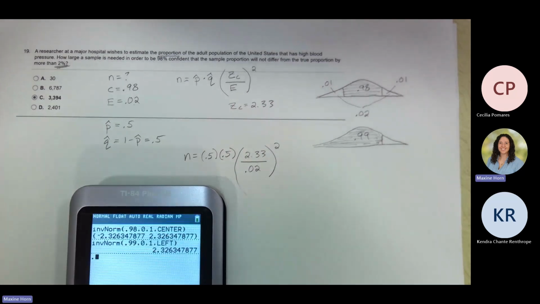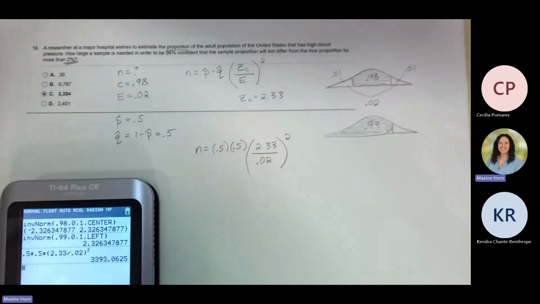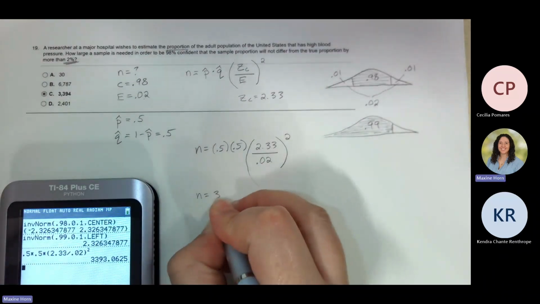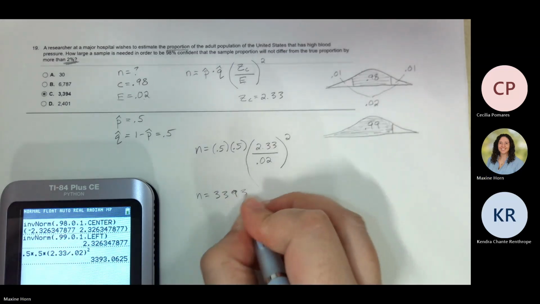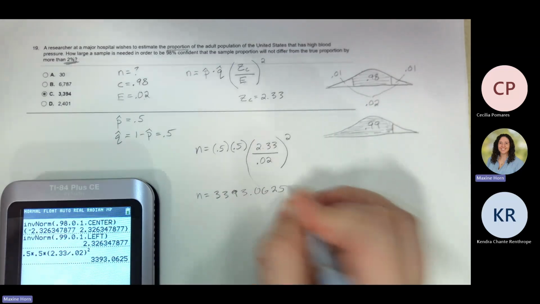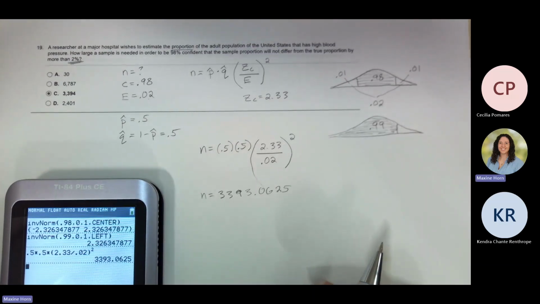So again, just make sure that you're plugging things in correctly to the calculator. And we're getting this number, right? This is our n, 3.0625, and then we say n is the number of people I need in a study.